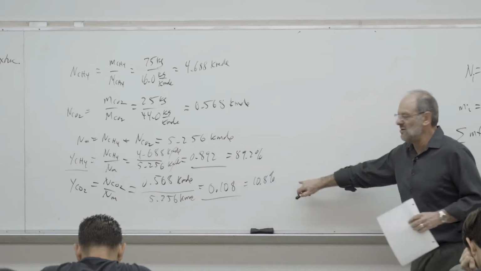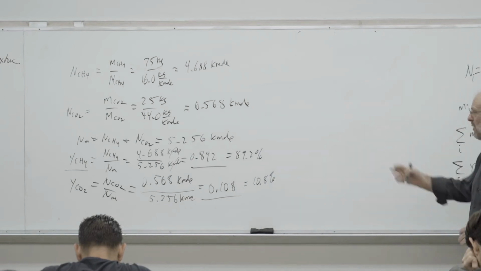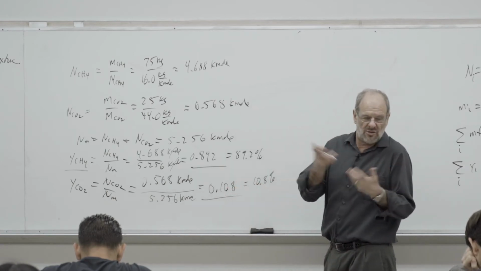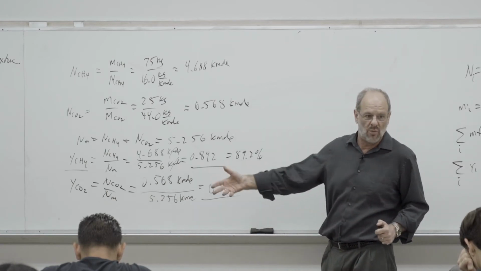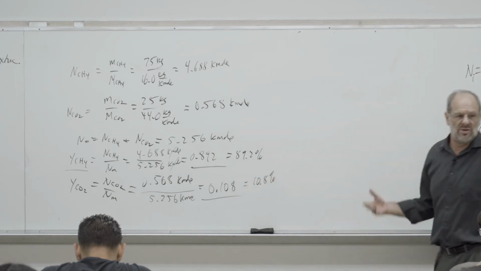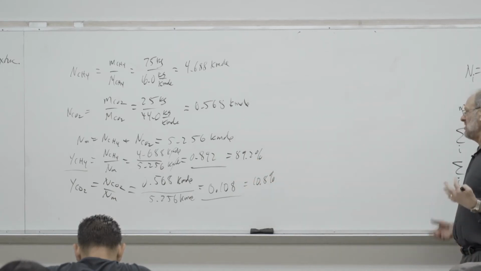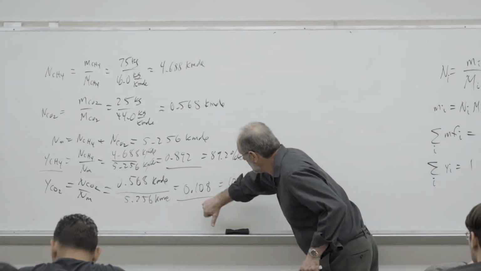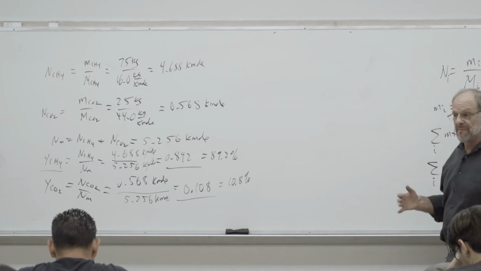By the way, you could have found this mole fraction of CO2 just by recognizing that since there's only two components in the mixture and they have to add up to 1, we could just subtract 0.892 from 1 and we still get 0.108. So it doesn't hurt to make sure at the end that the sum of the two actually does equal 1.